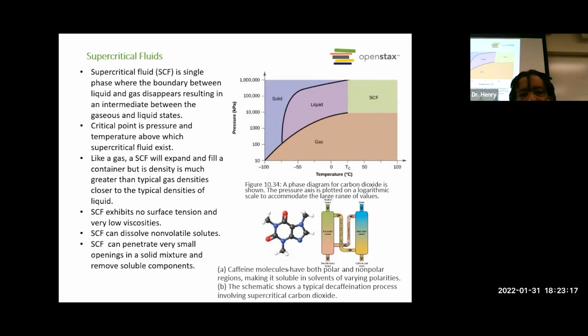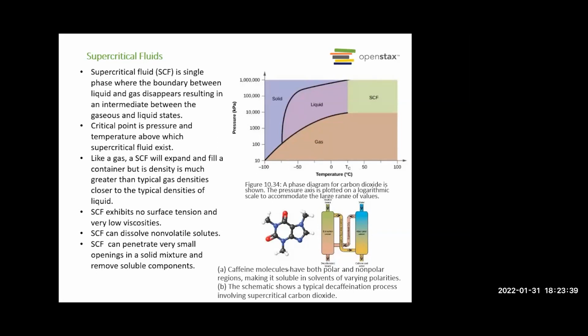So your critical point is going to be the point where you reach your supercritical fluid. Okay. It would be sort of like the cloud, not the rain.